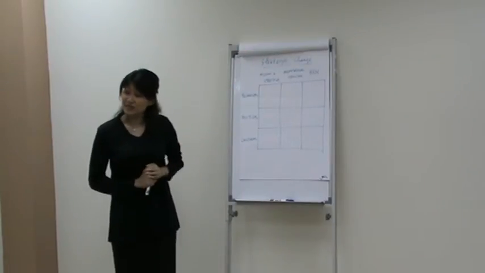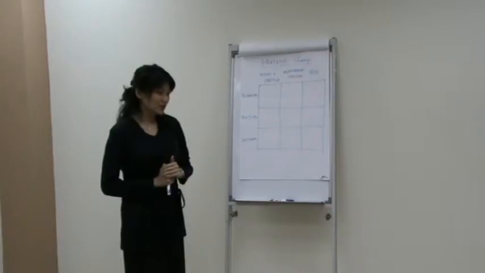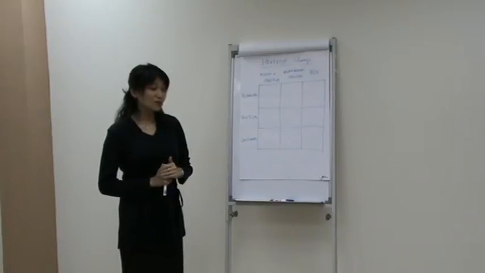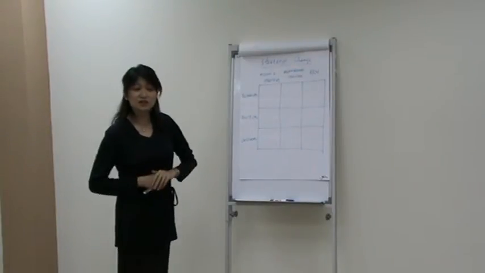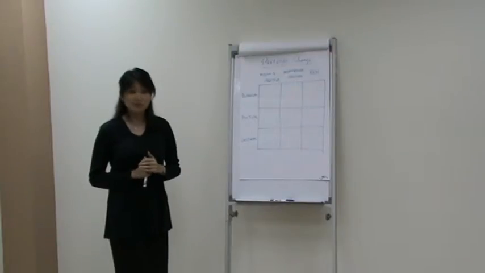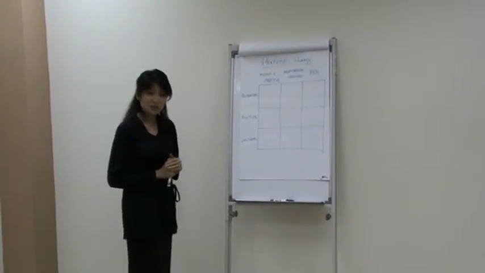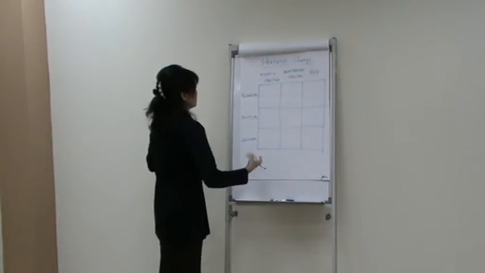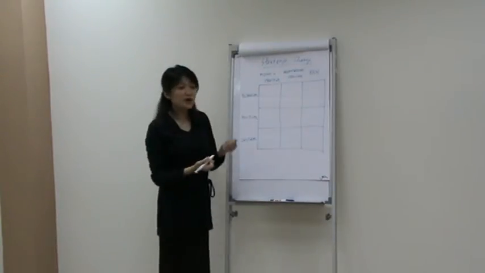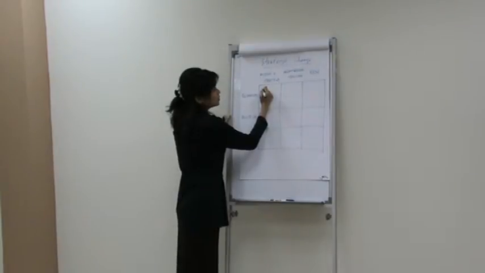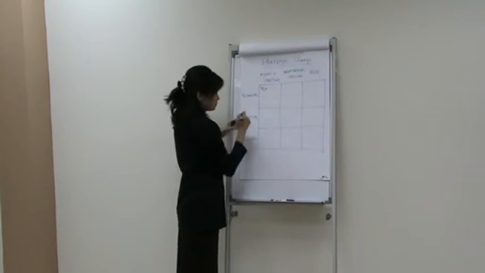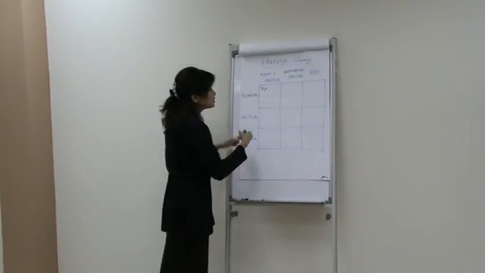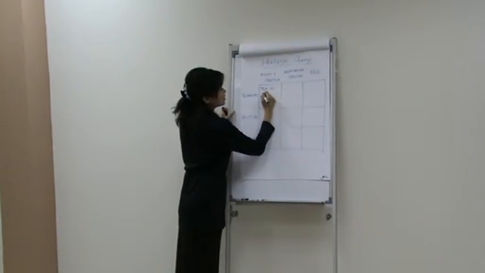Let me give you an example then of the vision of the Faculty of Business Economics and Policy Studies at the university. The mission of FIBABS is that we aim to be in the top 10 university business schools, the top 10 business schools in the region.